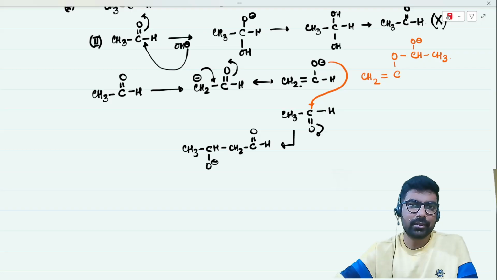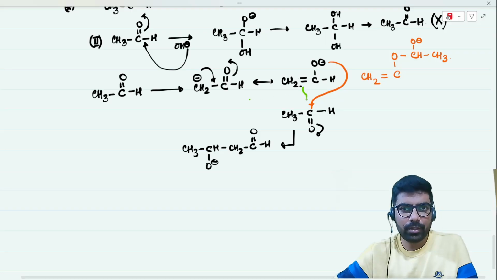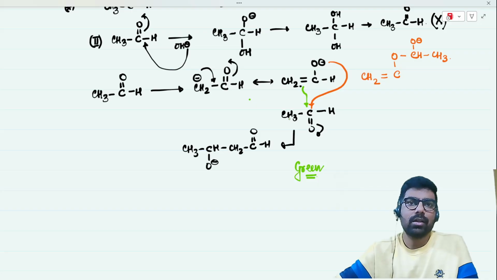Now understand this. First of all, if we are following this mechanism where I'm drawing it with another pen, the mechanism with green, the mechanism that we have shown, what are the things that are forming? First, we have to see this.